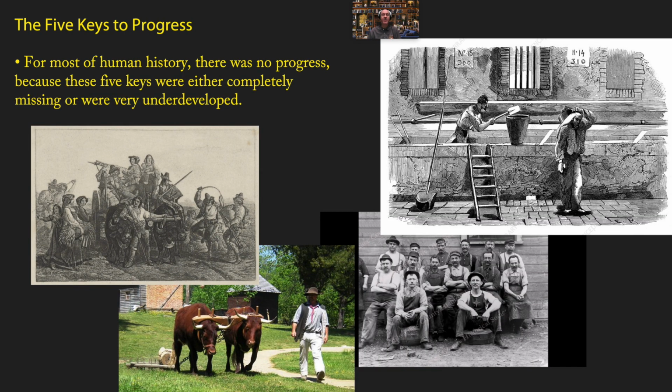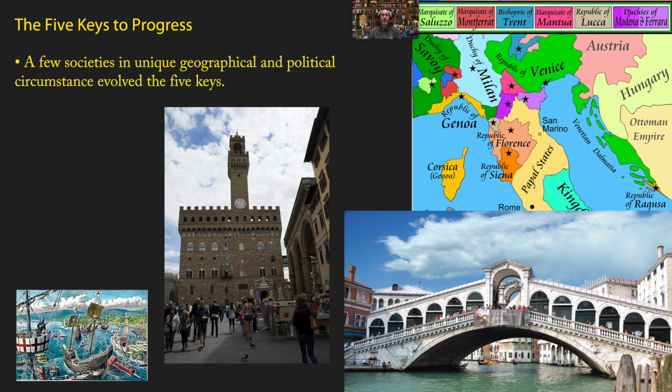For most of history, there was no progress because these 5 keys were either completely missing or very underdeveloped. A few societies, however, had unique geography and political environment that enabled them to evolve the 5 keys to progress. And in previous episodes, I've given a brief overview of those societies.